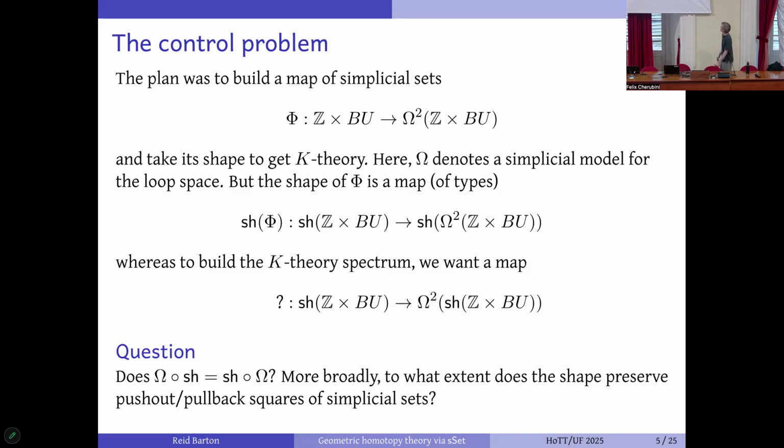Okay, so these are the two problems that I'd like to attack in the talk today. And more broadly, the question would be, if I have some pushout square or pullback square of simplicial sets, when can I know that the shape operation is sending it to a pushout or pullback square of types?